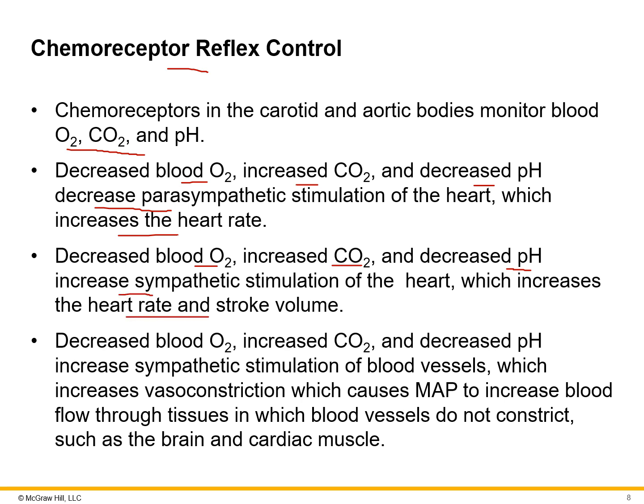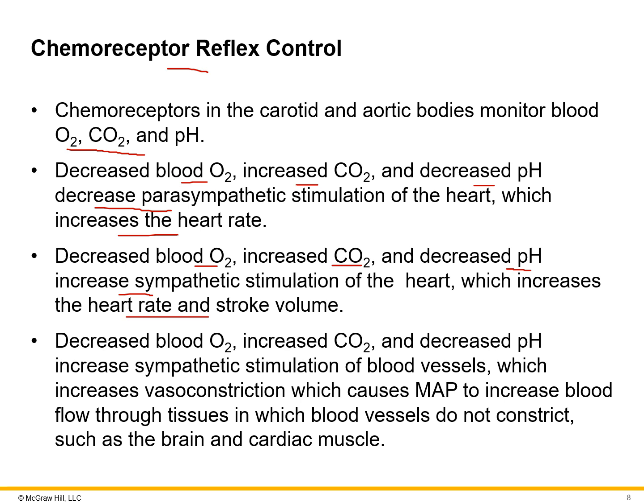A decrease in oxygen, increase in carbon dioxide, or decrease in pH also increases the sympathetic stimulation. That's going to increase the heart rate and stroke volume to increase cardiac output, which also increases the arterial pressure. So we get an increase of heart rate because we're decreasing parasympathetic stimulation, and we're increasing heart rate and stroke volume by increasing sympathetic.